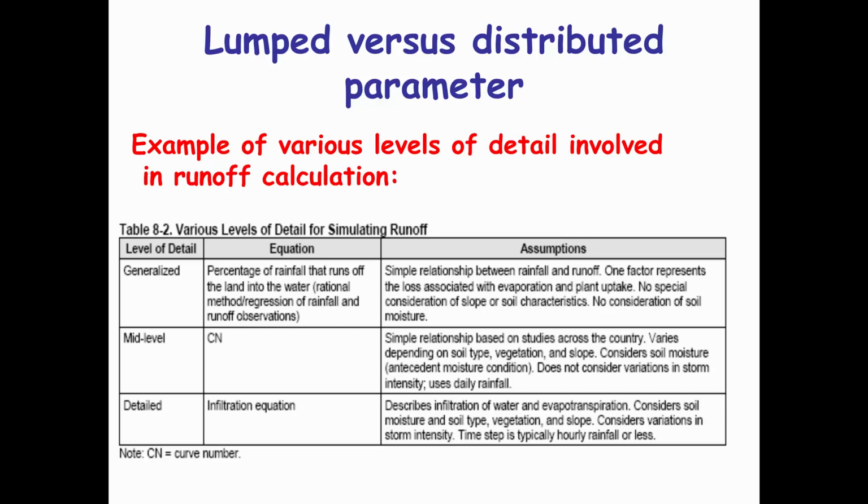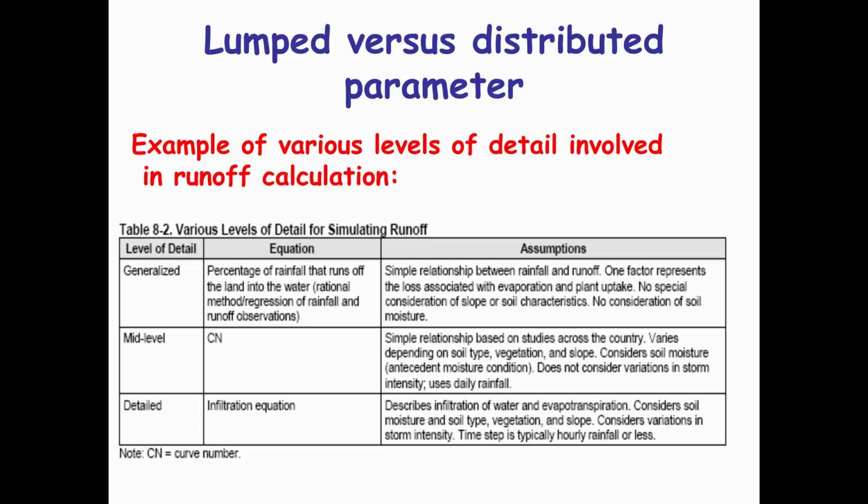So a generalized model might even be something I would have put into a category 1 type assessment method. The mid-level model might be one that's more of a lump parameter model. The equation here, CN, refers to the curve number method for estimating runoff, whereas the generalized method just takes rainfall amount from an empirical relationship and calculates runoff from that rainfall amount.